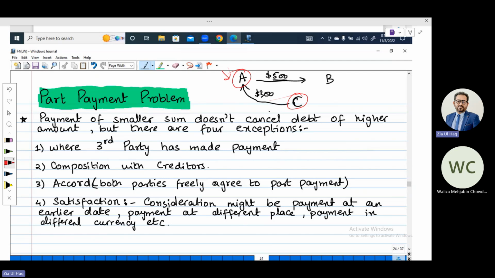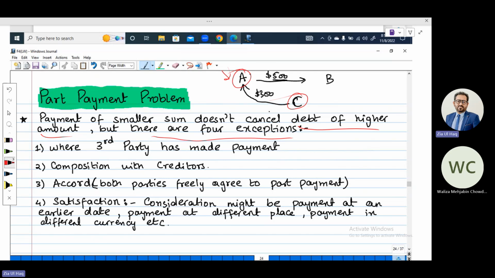Now A cannot ask B for the further 200 or C for the further 200. So that is called part payment. So payment of a smaller sum doesn't cancel a debt of a higher amount, but there are 4 exceptions.